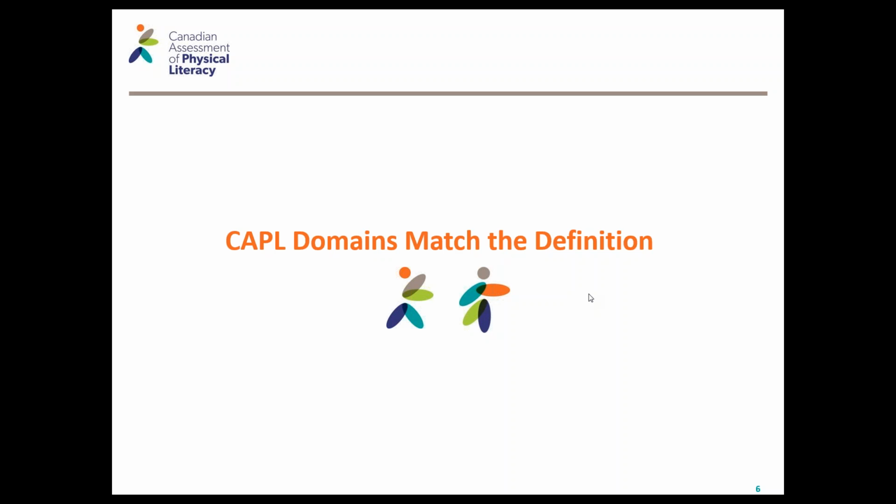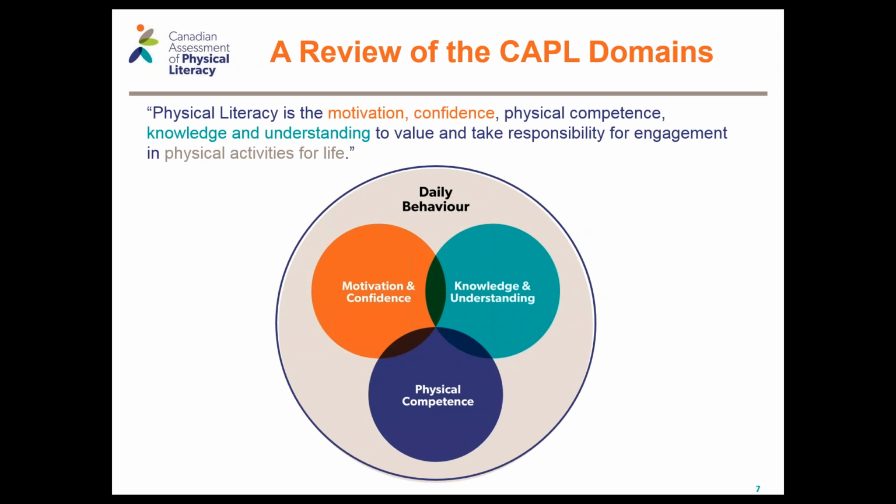So just a reminder, the CAPL domains match the definition quite clearly, so I'll go through what that means. The definition is up on this slide, and I've color-coded what parts of the definition match up with our domains. If you joined us last time, you'll remember that we have 4 domains related to CAPL: motivation and confidence, knowledge and understanding, physical competence, and daily behavior.